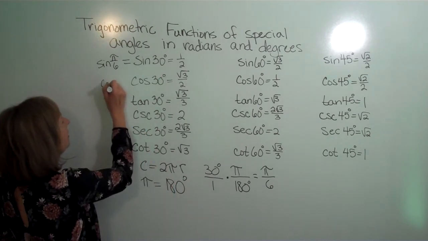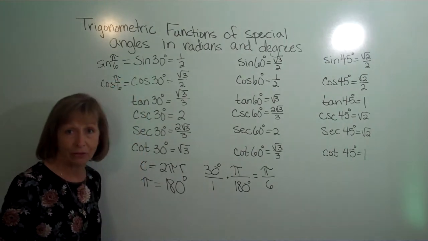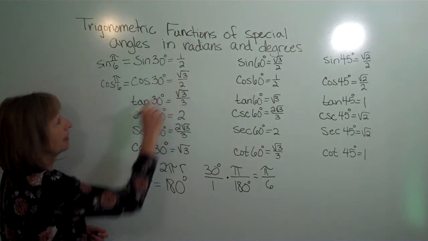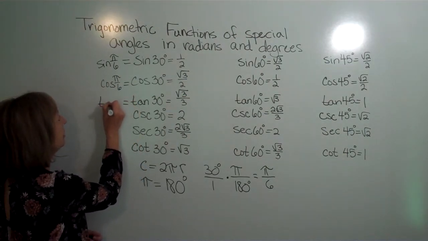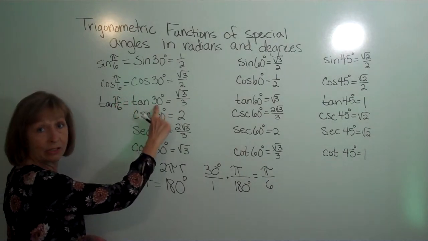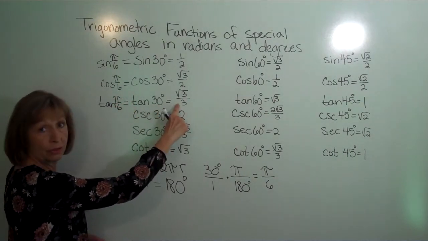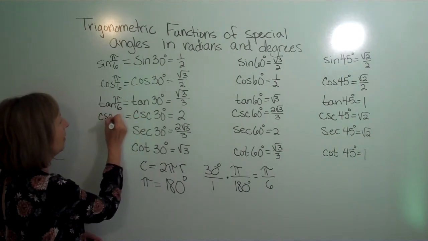The cosine of pi over 6 is the same as the cosine of 30 degrees. So that'll be the square root of 3 over 2. The tangent of pi over 6 is the same as the tangent of 30 degrees, which is the square root of 3 over 3.